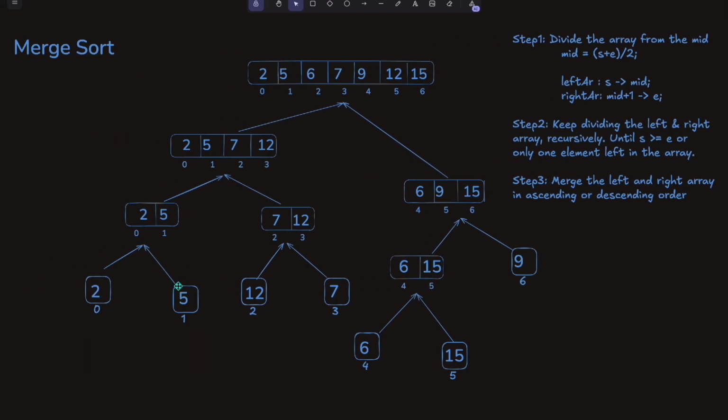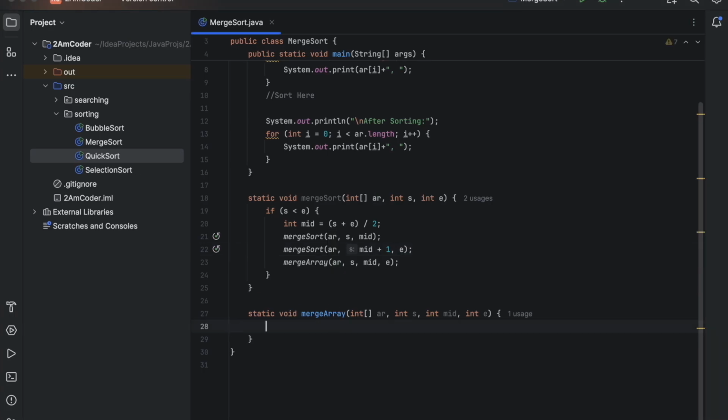Now we need to merge them. So let's consider this portion. We need 3 pointers. Let's create 3 pointers here. It will be here initially. And these two arrays, this is the left and this is the right array. Okay, so let's make one pointer called left. This is the starting point of the left array, which is nothing but s, and the starting of the right array is nothing but right, and this will be mid plus 1.